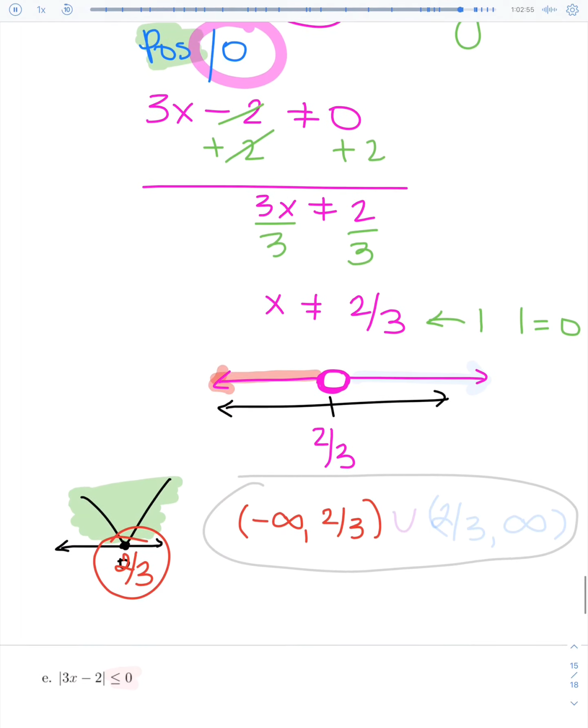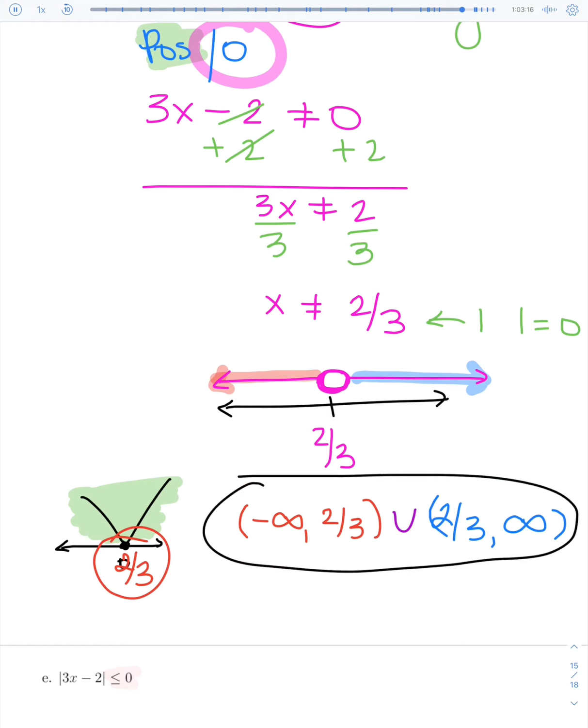And then we'll draw our little U for union. And then we'll do the right-hand side of our graph, which will start back at 2/3 and continue off to infinity forever. Again, we can't include 2/3. And that's our final answer, saying everything to the left of 2/3 and everything to the right of 2/3, but not 2/3.